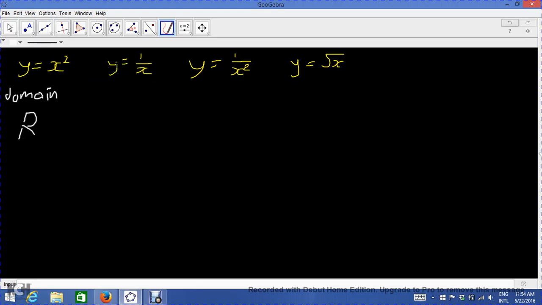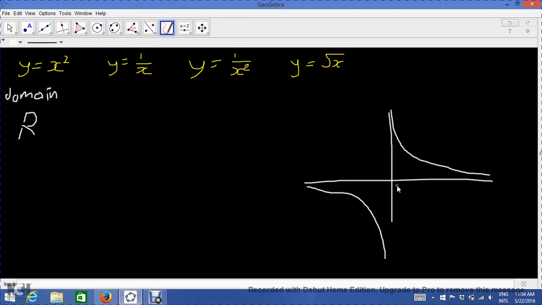Okay, next one, y equals 1 on x, so this is our hyperbola. So what does that look like? I'll do it on the side this time. Okay, hyperbola, we're not moving it left or right or up and down. Looks something like that. So what values of x do we have? Well, this way, again, we go to negative infinity. This way we go to positive infinity. But what happens in the middle?